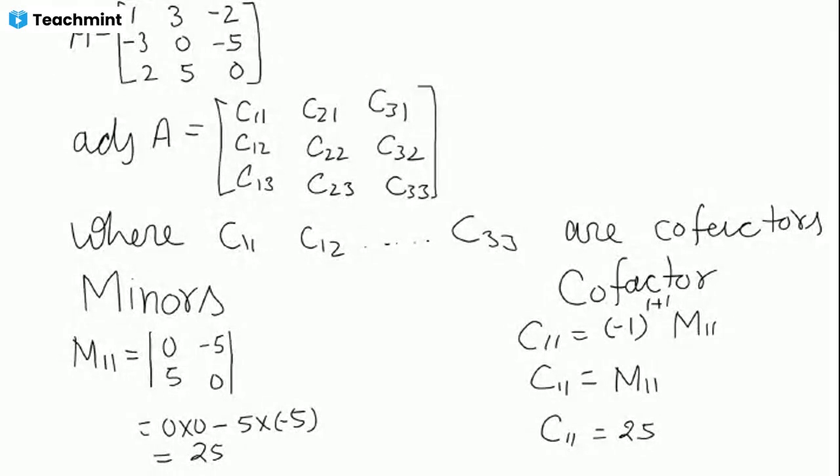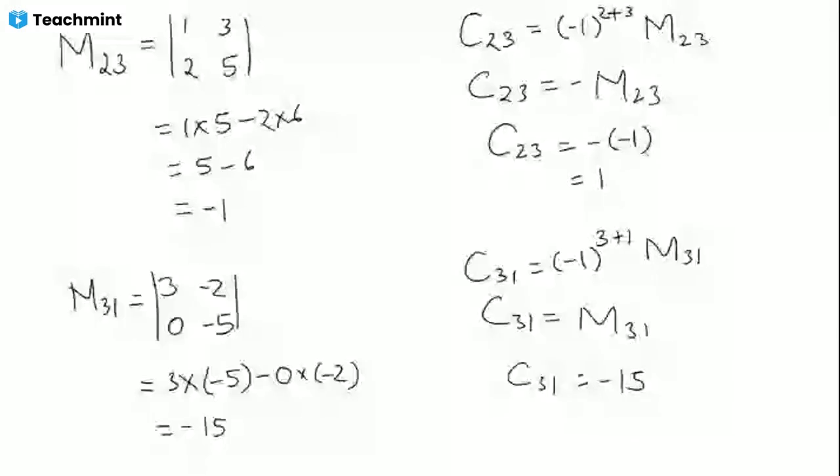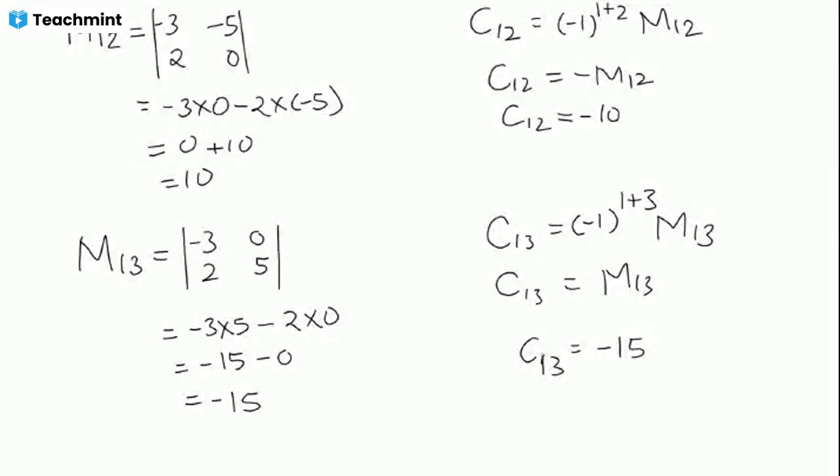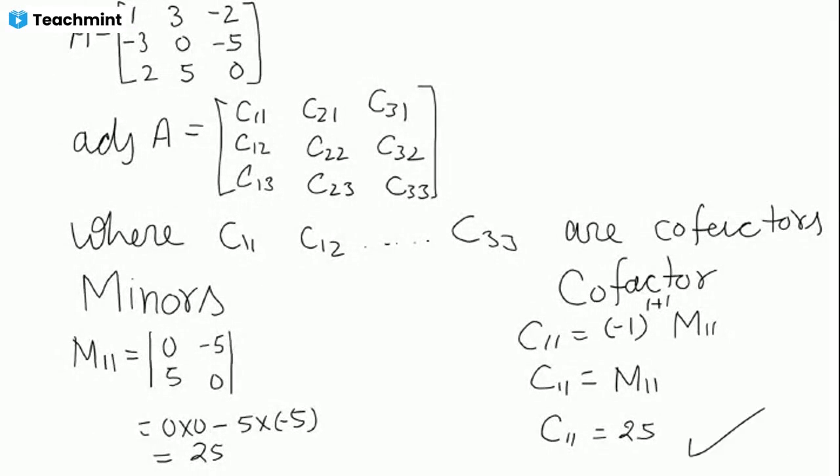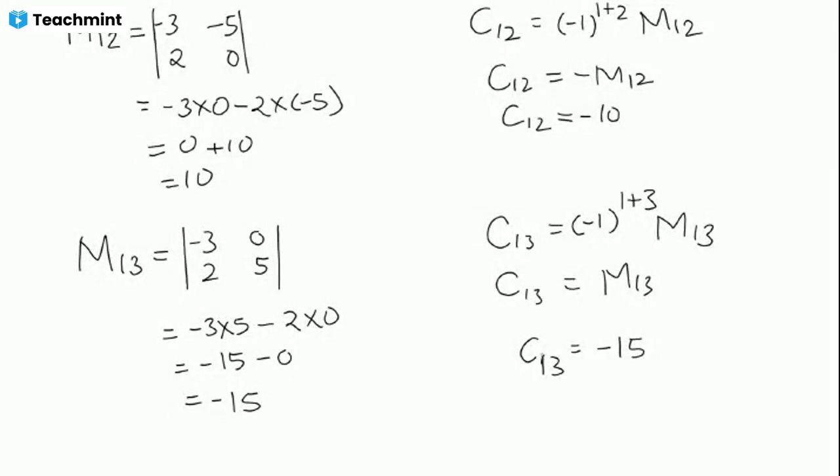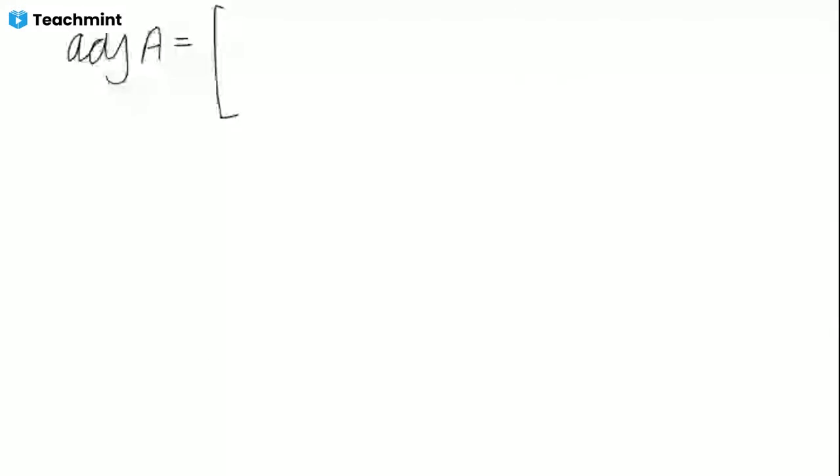Now let us find the adjoint of A by putting all these values in this formula. Adjoint of A is C11, C12, C13. C11 is 25, 25 minus 10 and minus 15.